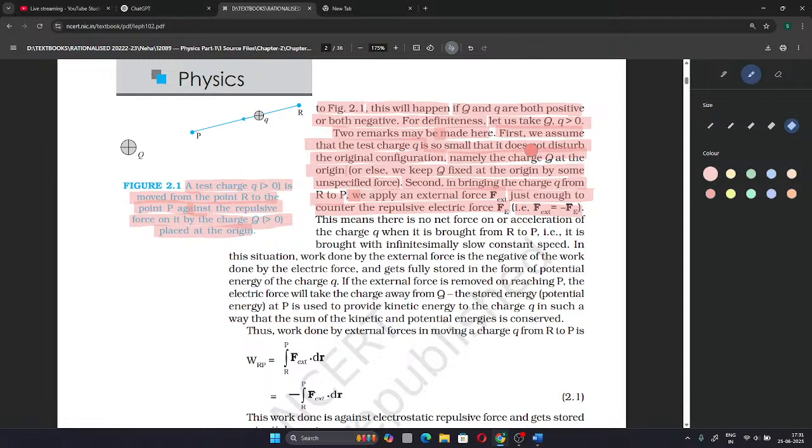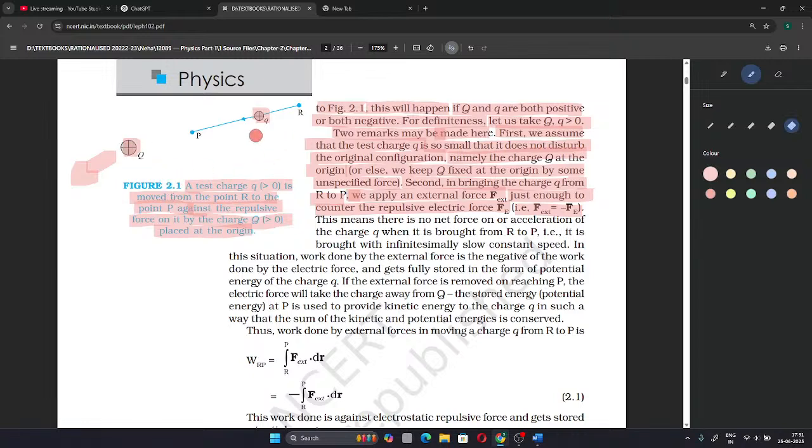So what they are saying here is, when two charges are repelling, if you take two of these charges, and this positive charge Q and this charge you are bringing closer, then this charge should be moving away, but they took it that this charge will not move.